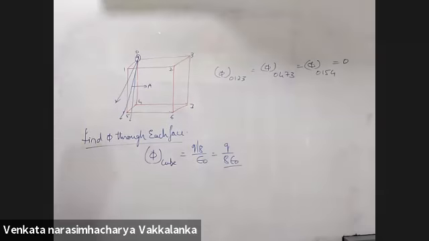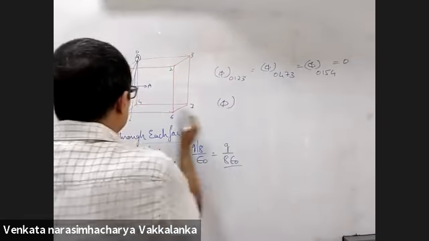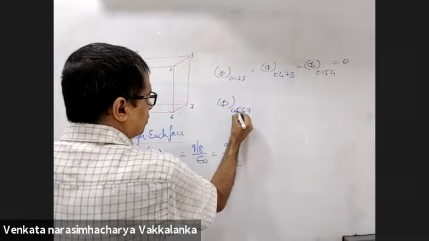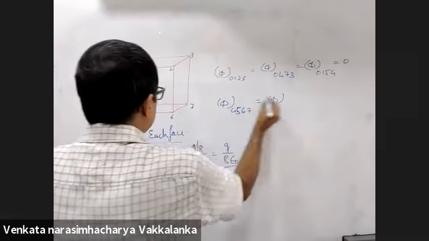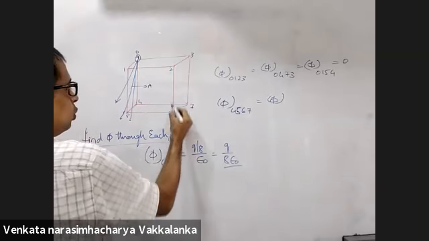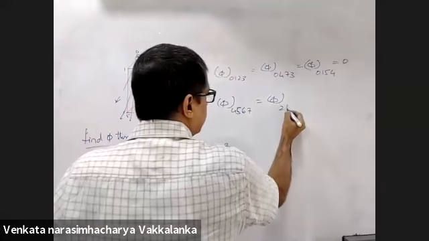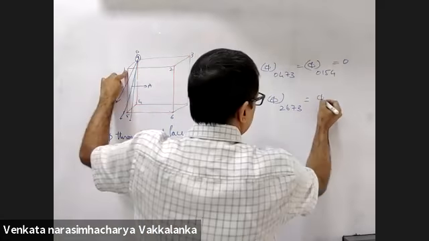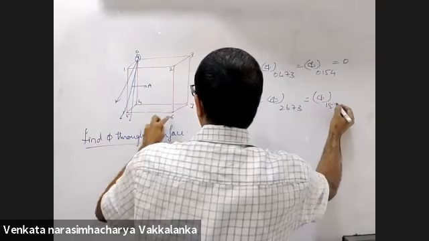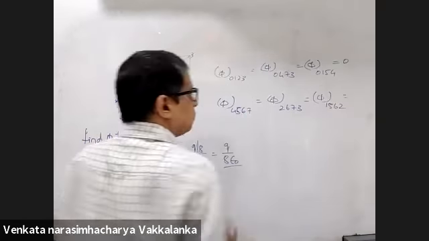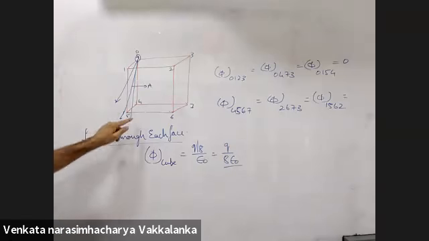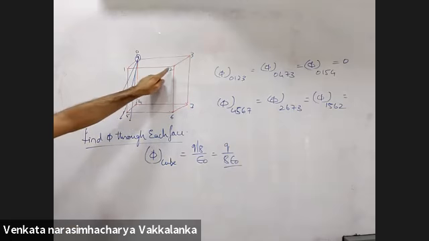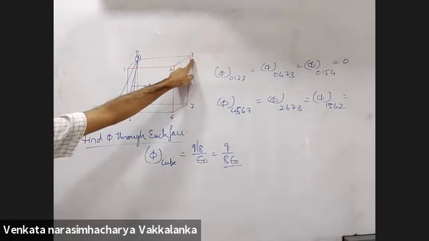Now then comes flux through 4, 5, 6, 7. Flux through 2, 6, 7, 3.